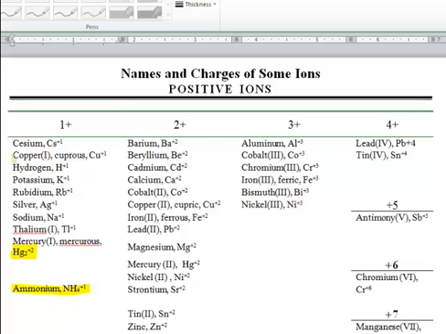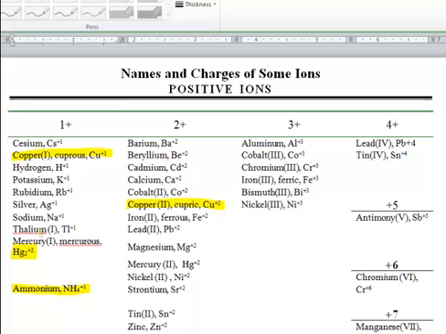The other observation is that we have a copper ion with plus 1 charge, and also a copper ion with plus 2 charge, so you have multiple charges on copper. Since the name for the positively charged ion, the cation, is the same as the element, both ions are called copper.